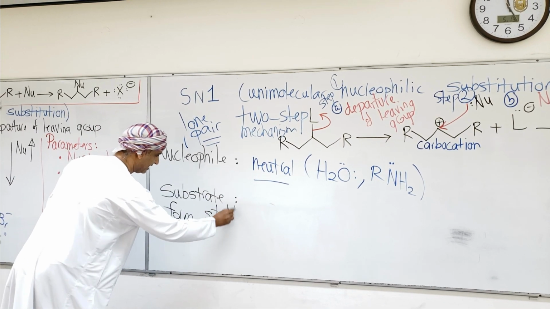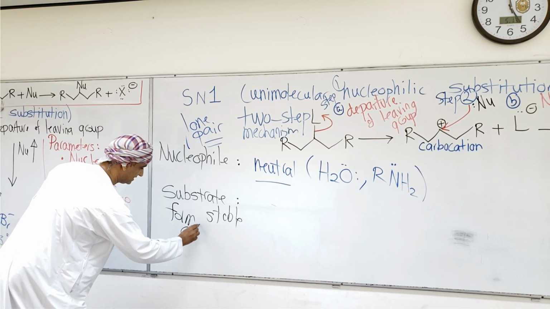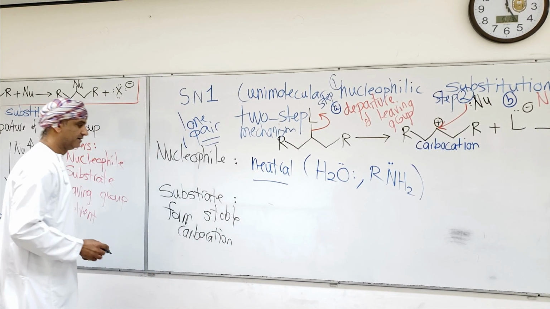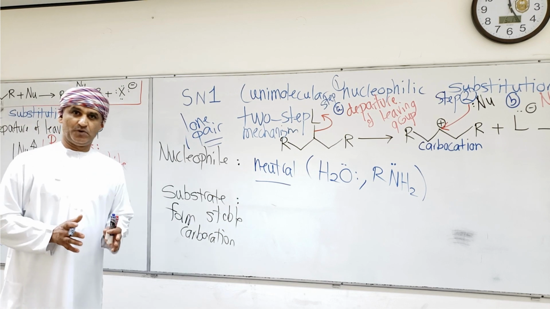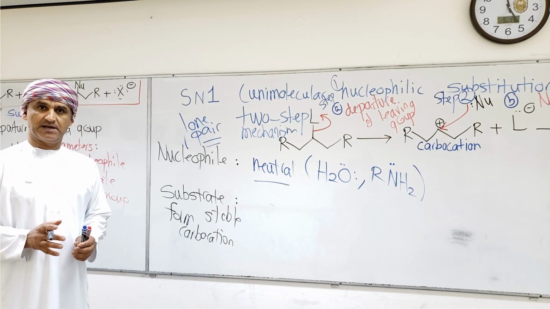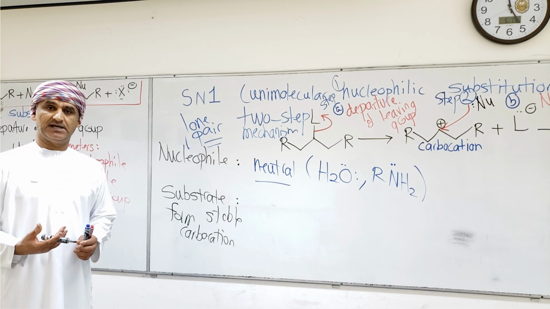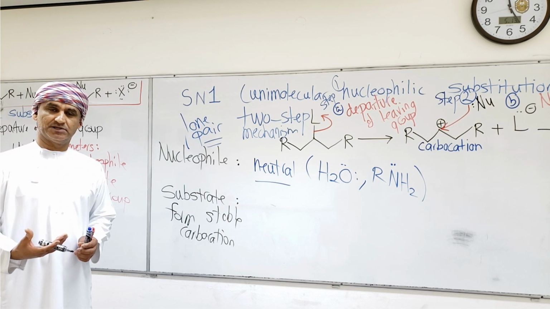So a stable carbocation is needed here in this SN1 case, and we learned before that more substituted carbocations are more stable than less substituted carbocations, and that's because of hyperconjugation or inductive effect.